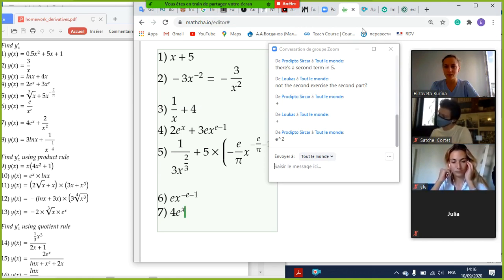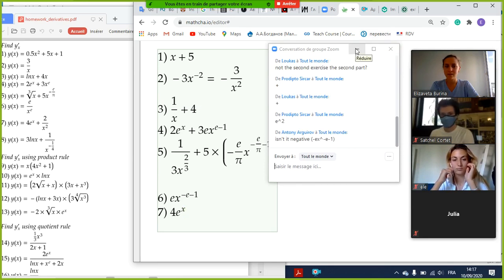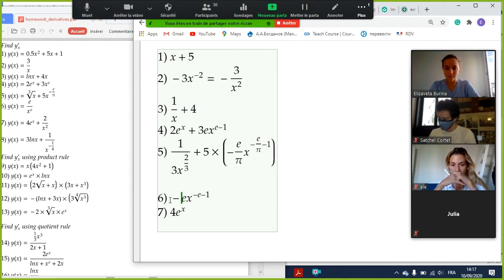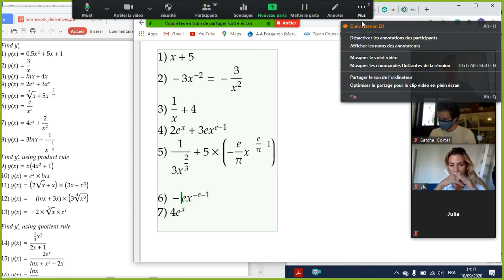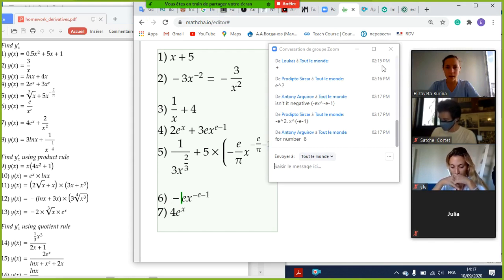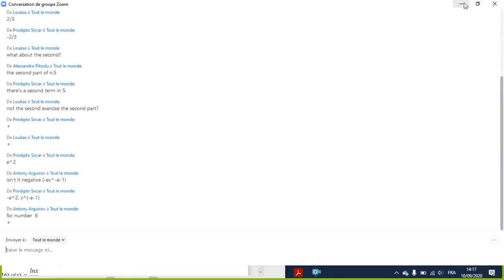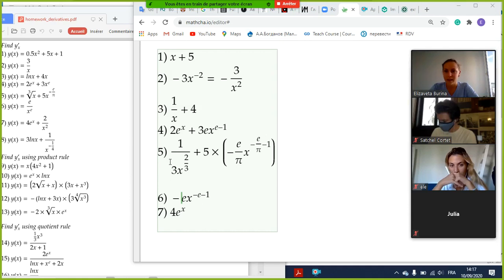Why am I supposed to have e squared? Okay, this is a better question. Yes, it is negative. Yeah, for number 6. Though, why is squared?